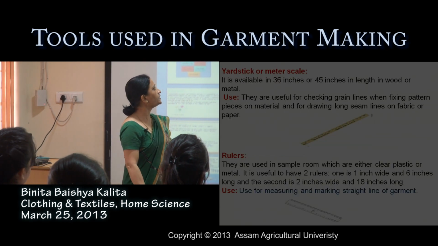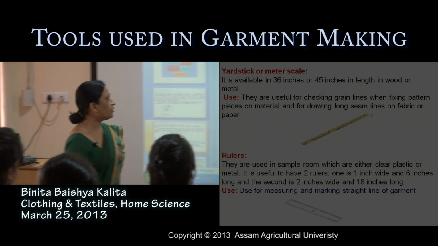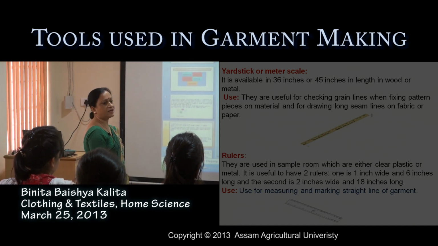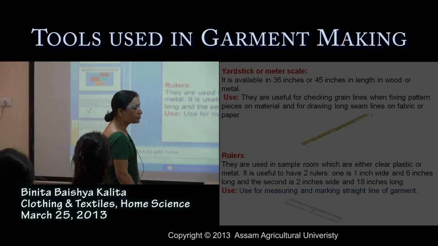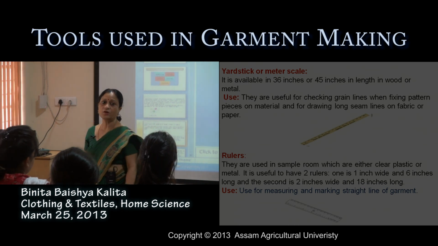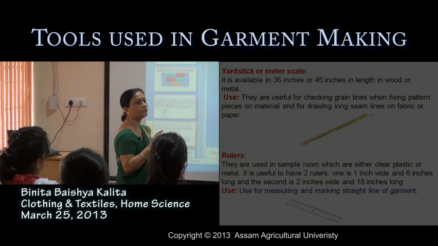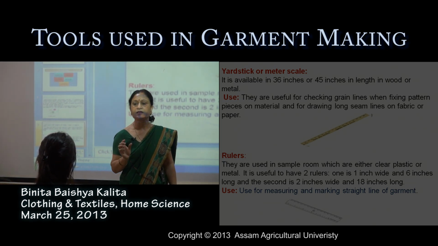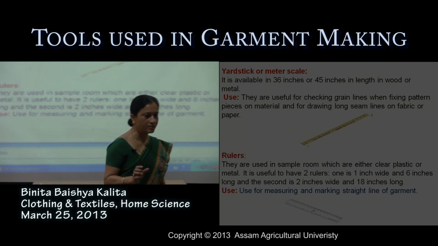Next one is the yardstick or meter scale. This is also one of the measuring tools, and it is available in wood and plastic, and sometimes you will get a metal yardstick also. The length of the yardstick varies from 36 inches to 45 inches, and it is available in 1 inch or 1.5 inch width, and sometimes 2 inch also.